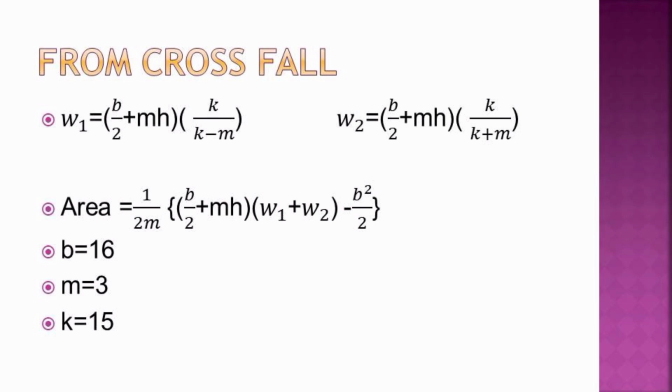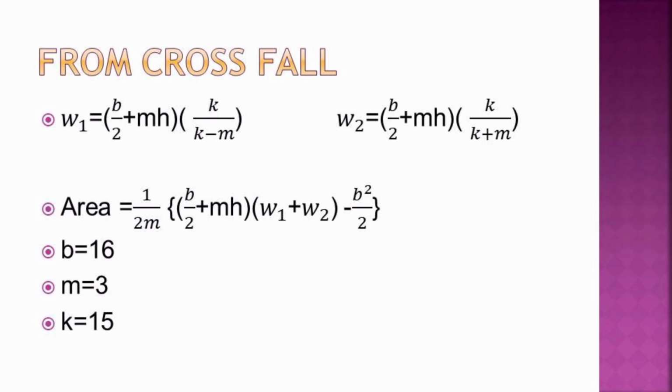After doing that, the final formula for calculating the area is 1 over 2 m, where m is the side slope, into bracket b over 2 k, where b is the formational width, plus m h, where h is the height difference, and then multiplied by the addition of W1 and W2.